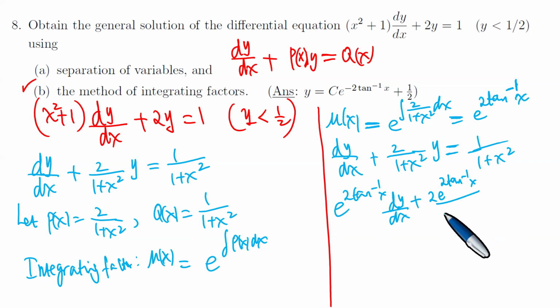Okay, you have this, which is divided by 1 plus x squared.